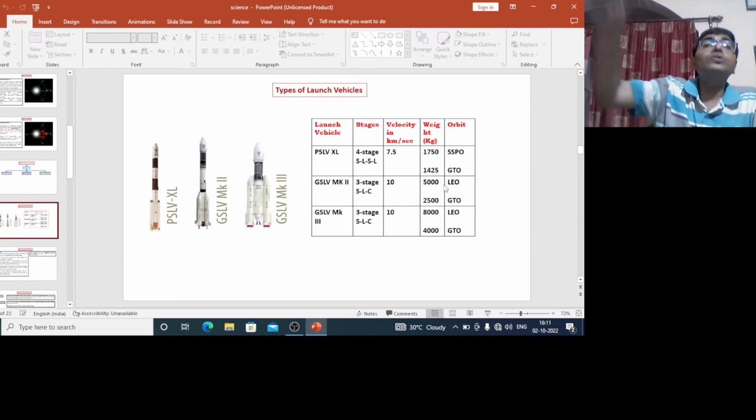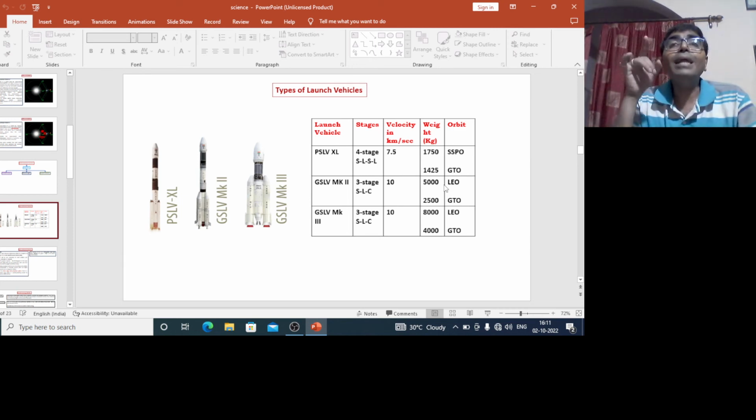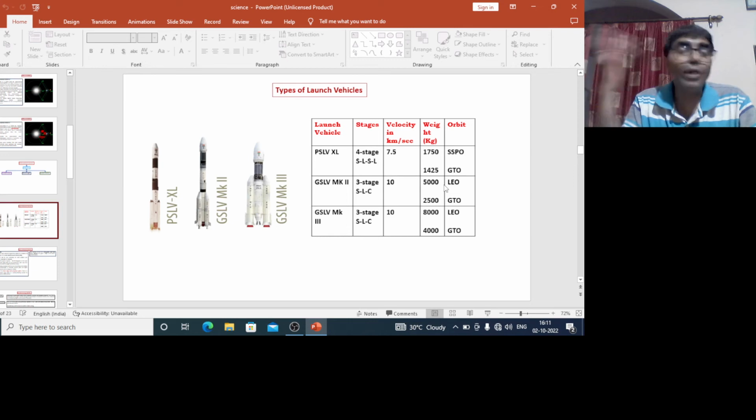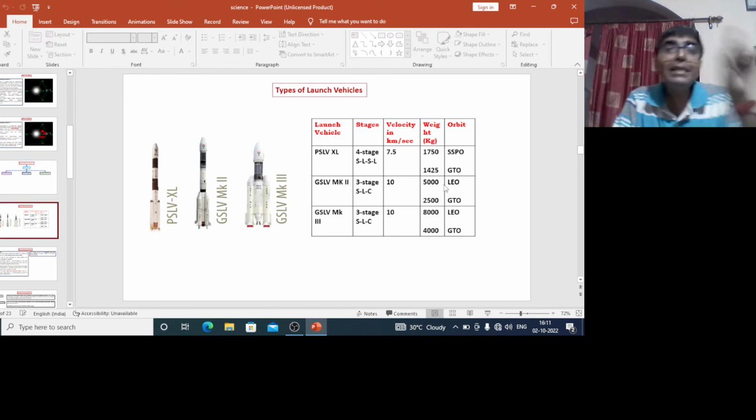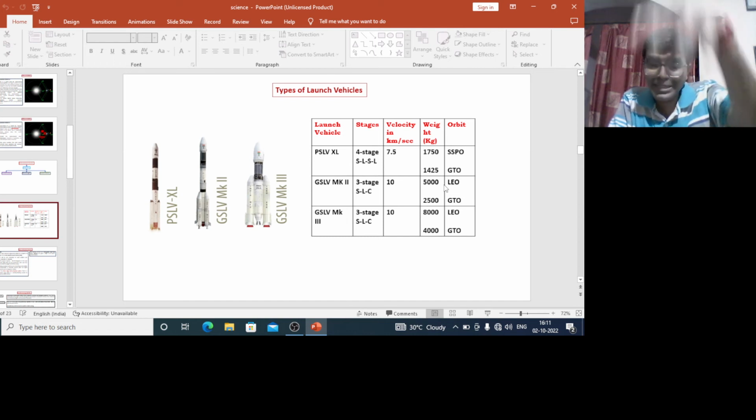This kerosene is now also used in the RSLV, the reusable launch vehicle, of which India has till now completed two stages, one is the takeoff and another is the landing stage.